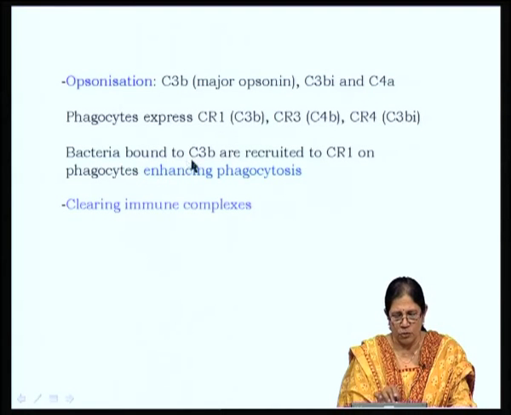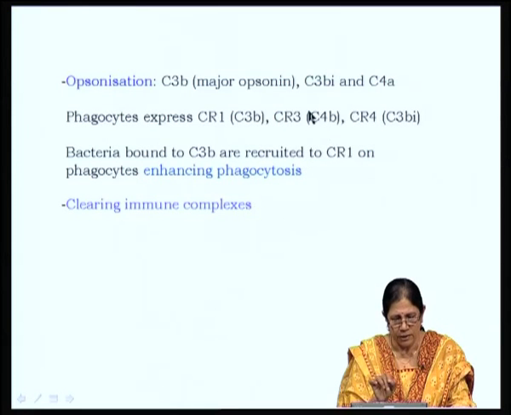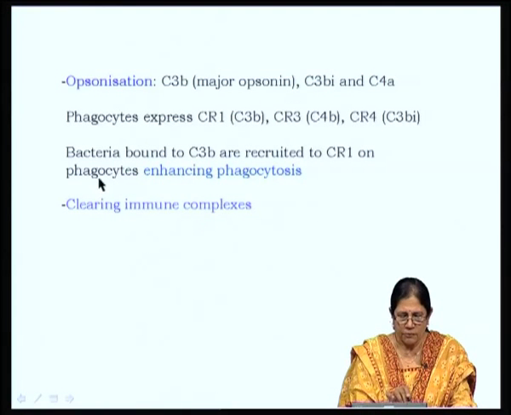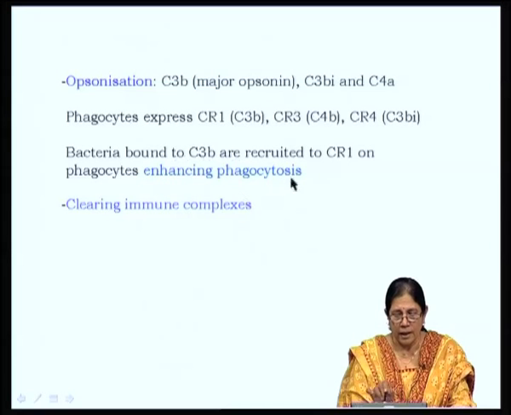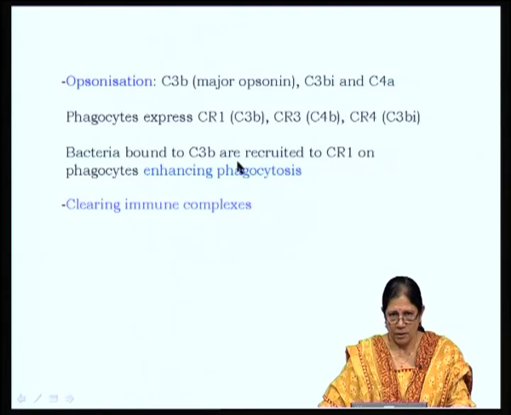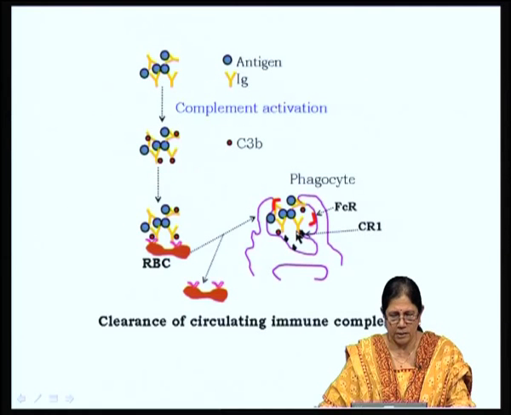Bacteria bound to C3b are recruited to CR1, for example, on the phagocytes, and this enhances phagocytosis, thereby mediating clearing of immune complexes.